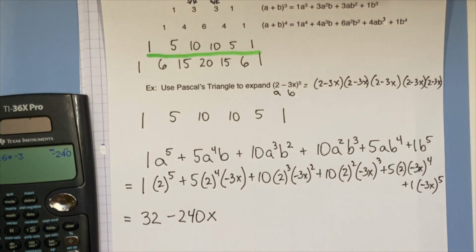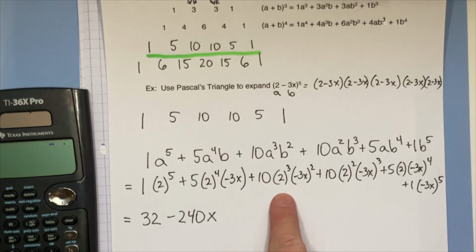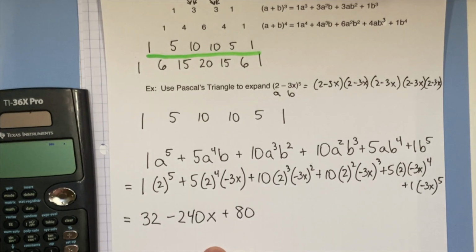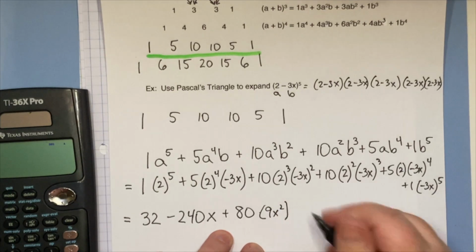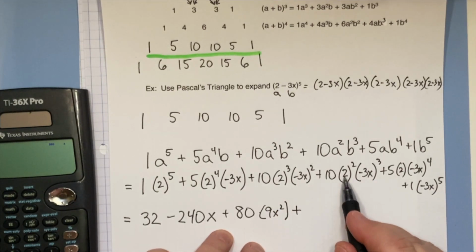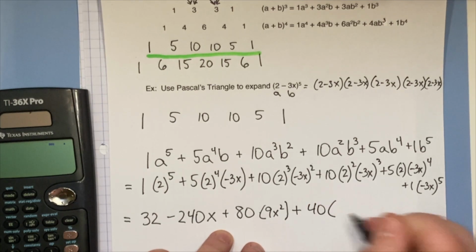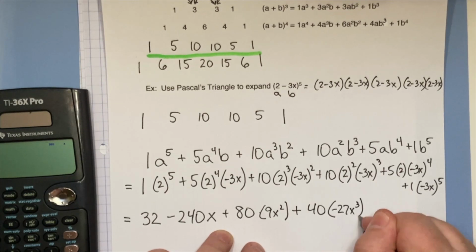Then this is going to be 10 times 2 cubed times the quantity negative 3x squared. So this is going to be 10 times 8, which is 80, times 9x squared. 10 times 2 squared, 10 times 4 is 40, times negative 3 cubed, which is negative 27x cubed.